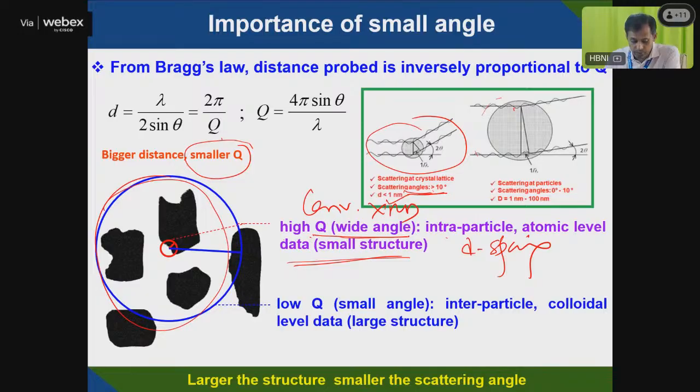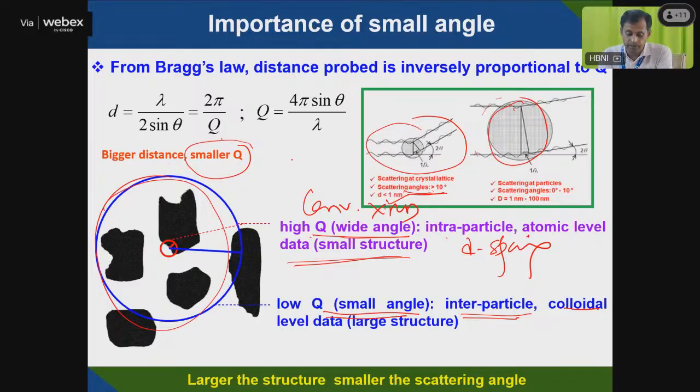But if you go to low Q, that very small Q range, that will give you interparticle distance, colloidal distribution level data, and larger structure. A large whole structure you determine with very small angles. So the larger the structure, the smaller the scattering angle.